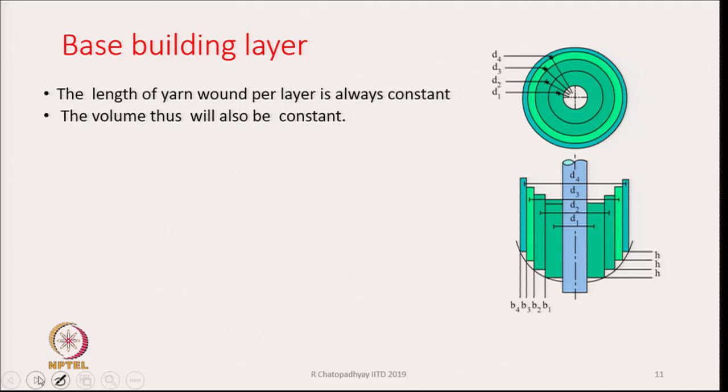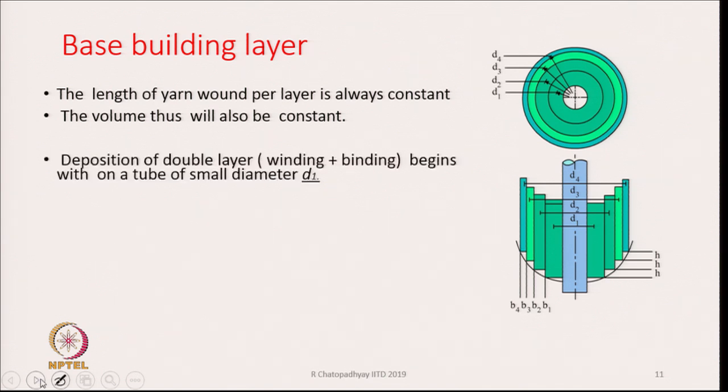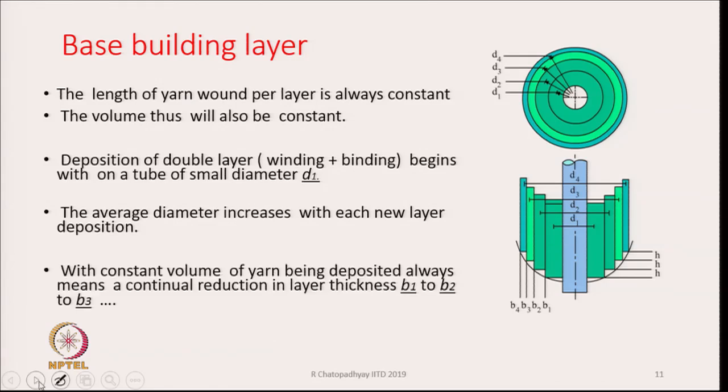Now, we will discuss the base building part of the yarn on the bobbin. See, the diagram is shown here, how the base gets formed. As we have shown, the base is a little curved in nature. How are we forming the base? The length of yarn wound per layer is always constant.